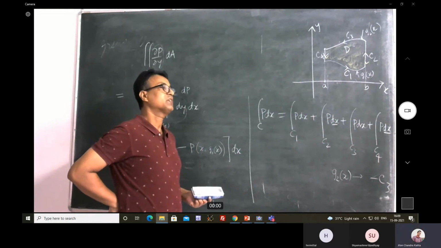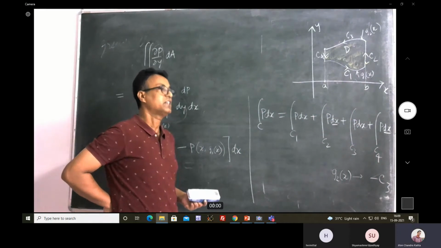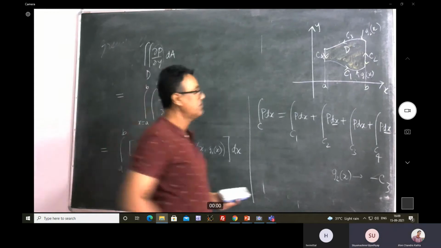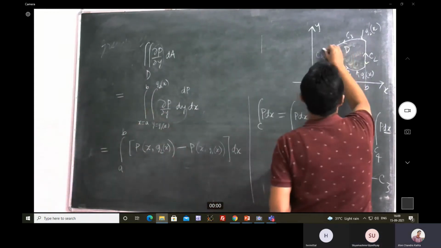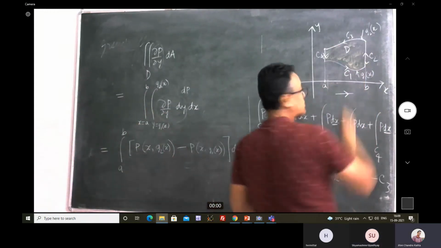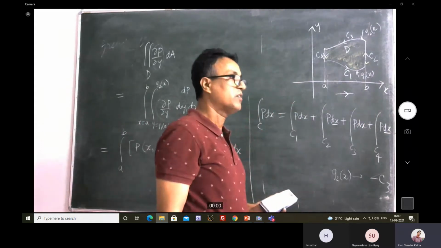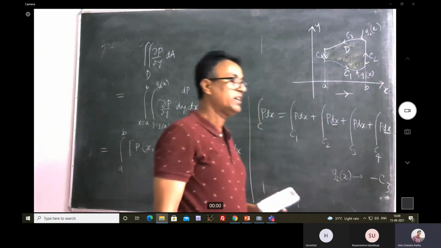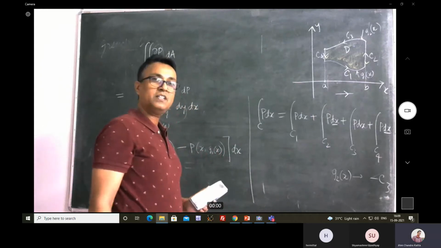Because the orientation of the curve C3 is in the other direction. Right? If I consider this curve in the increasing direction of x, that is going to be minus C3. Is it okay? Fine.